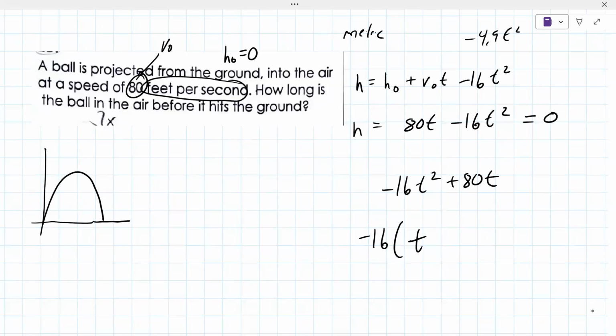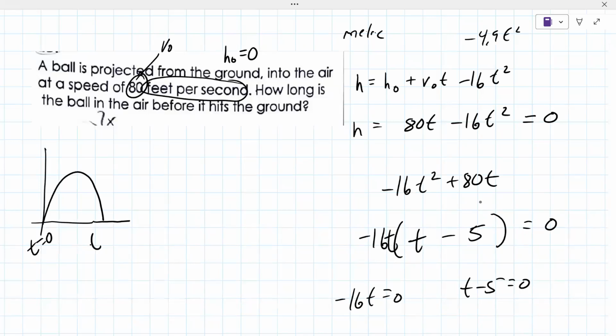Actually, you can take out a 16t from both, because you can take out t, so it'd be t, and then 5 minus t. Oh yeah, because you're taking out the minus. So there are your two solutions: minus 16t equals 0, t minus 5 equals 0. So t equals 0, t equals 5.